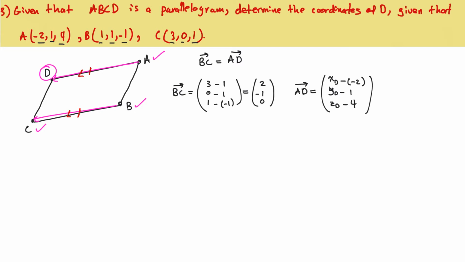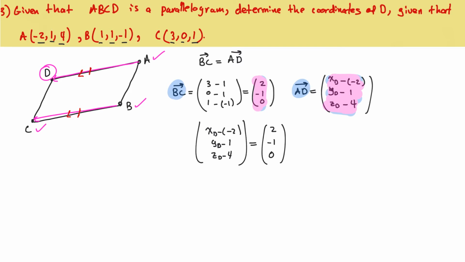We know that vector BC and AD are the same, and that means that this is equal to this. So basically that means that xd minus negative 2, yd minus 1, and zd minus 4 is equal to 2, negative 1, and 0.